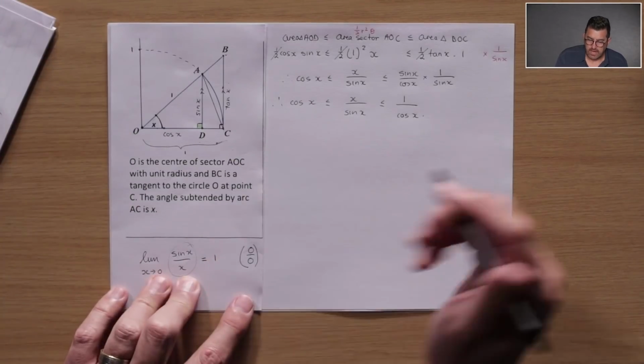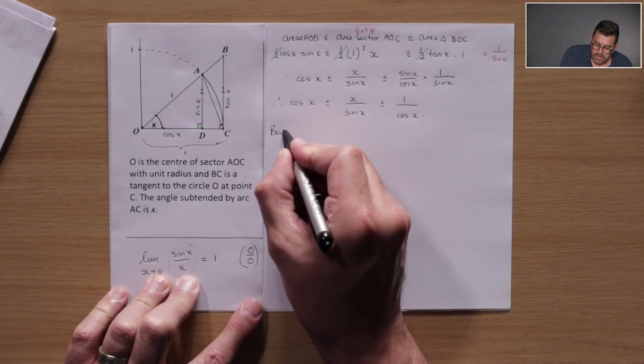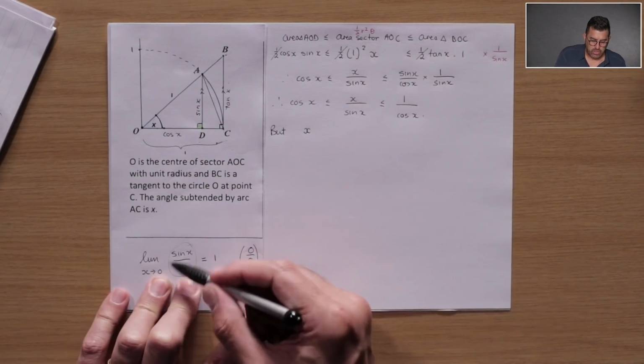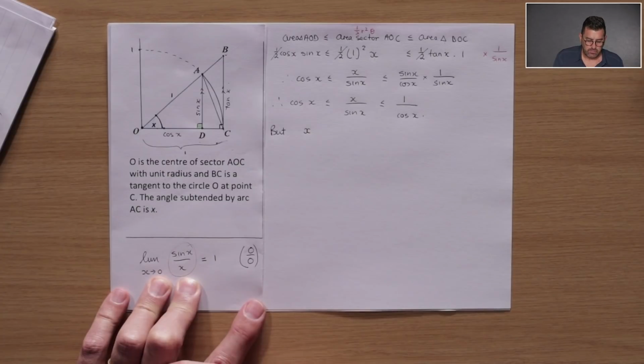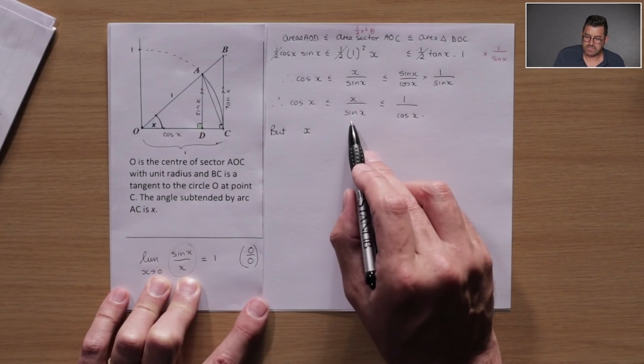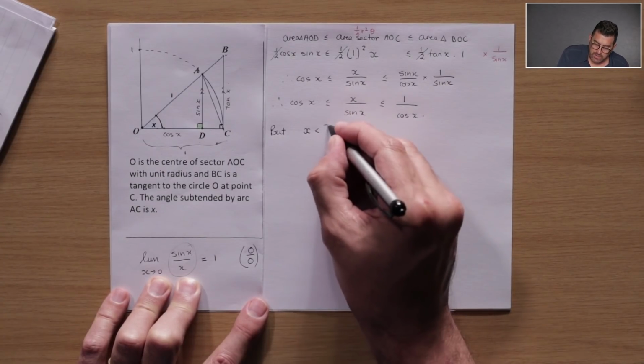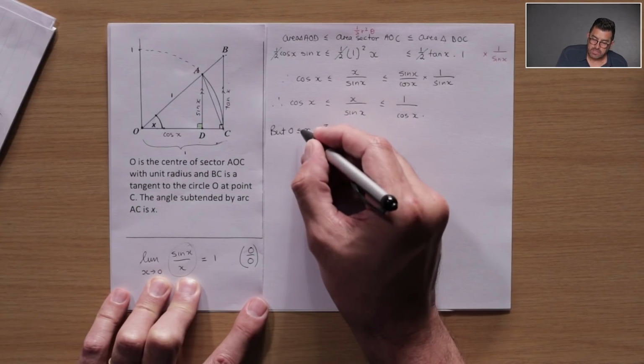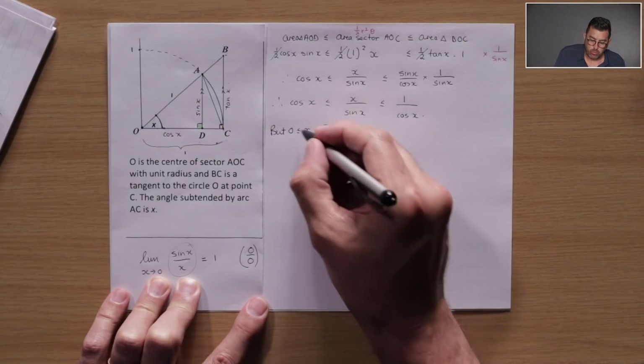So I know now, and this is becoming important because I'm going to try and form sine x over x, I've got x over sine x. So I need to acknowledge that the angle at the center lies between 0 and pi over 2.